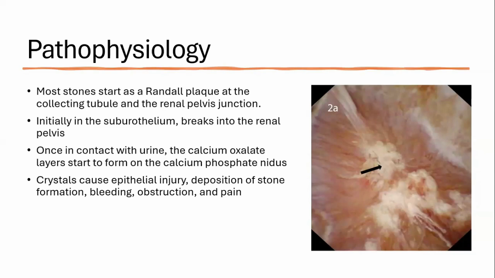And once there's contact with urine, the calcium oxalate develops layers on this calcium phosphate nidus, and that's how your stone eventually develops, and that causes epithelial injury, bleeding, obstruction, and pain.